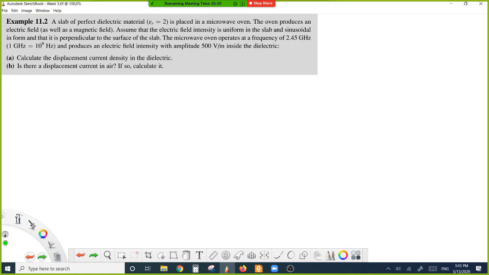The microwave oven operates at a frequency of 2.45 GHz and produces an electric field intensity with amplitude of 500 volt per meter inside the dielectric. Calculate the displacement current density in the dielectric. And the next question is, is there a displacement current in air? If so, calculate it.